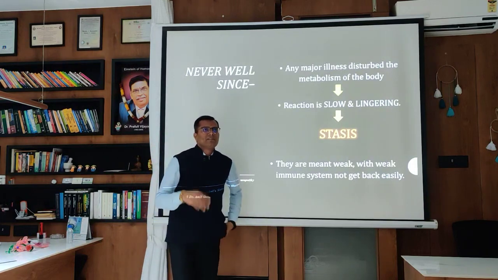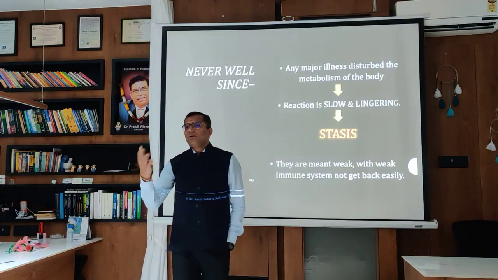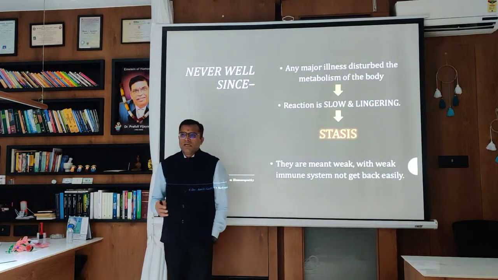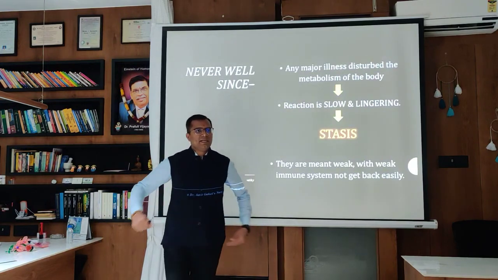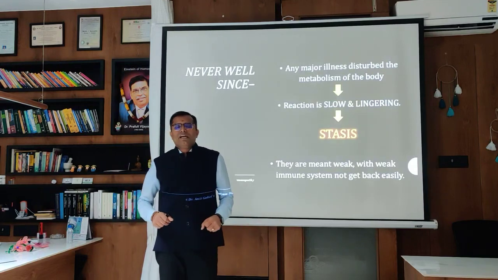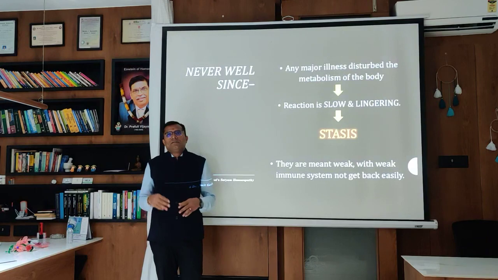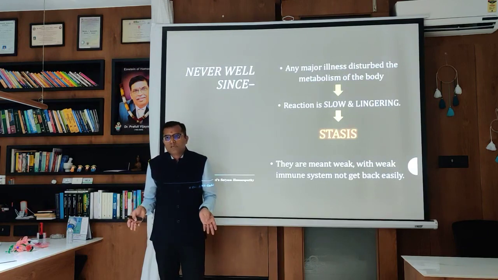Say for example, a person comes to you with hypothyroidism, with slowness, obesity, tiredness, weakness, and the patient says, sir, I had dengue, then after 2 months I was diagnosed with hypothyroidism.